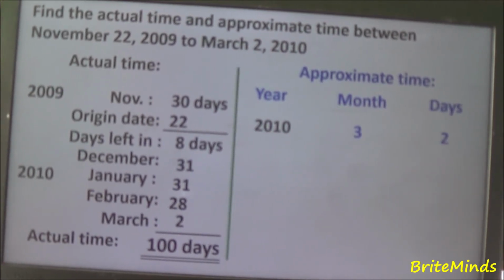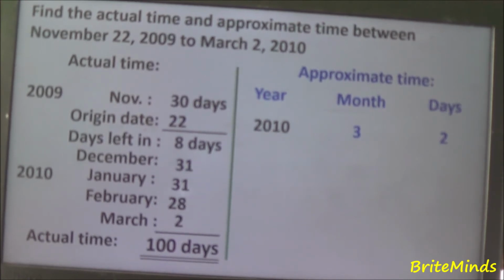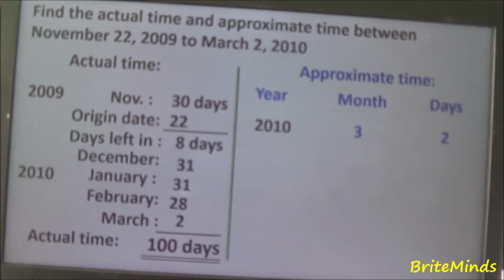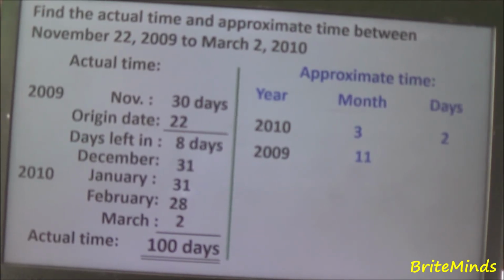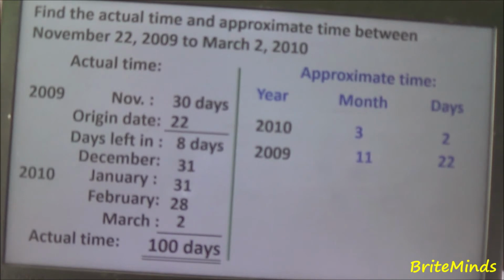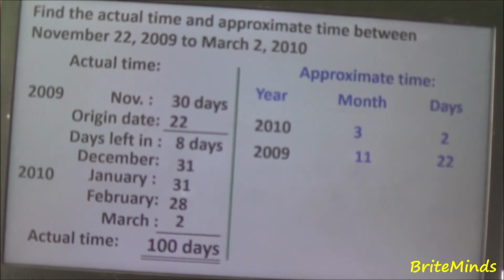And subtract the origin date. The origin date is November 22, 2009. So the year 2009, and then the month is 11, and the days is 22. So subtract the origin date from the maturity date.